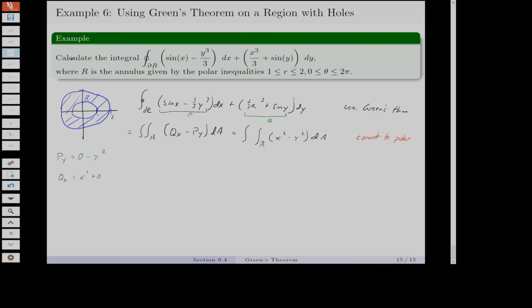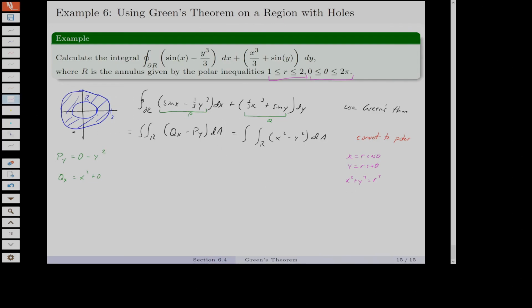In polar, my limits of integration are given: r goes from 1 to 2, theta goes from 0 to 2 pi. In polar, we have x equals r cosine theta, y equals r sine theta, and x squared plus y squared equals r squared.